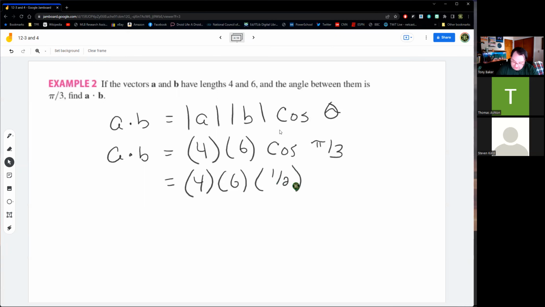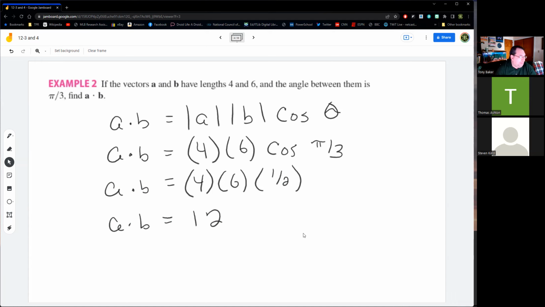So my dot product in this case is 12. So not the most useful case of using the dot product. It just allows us to find the dot product given other information about the vectors.